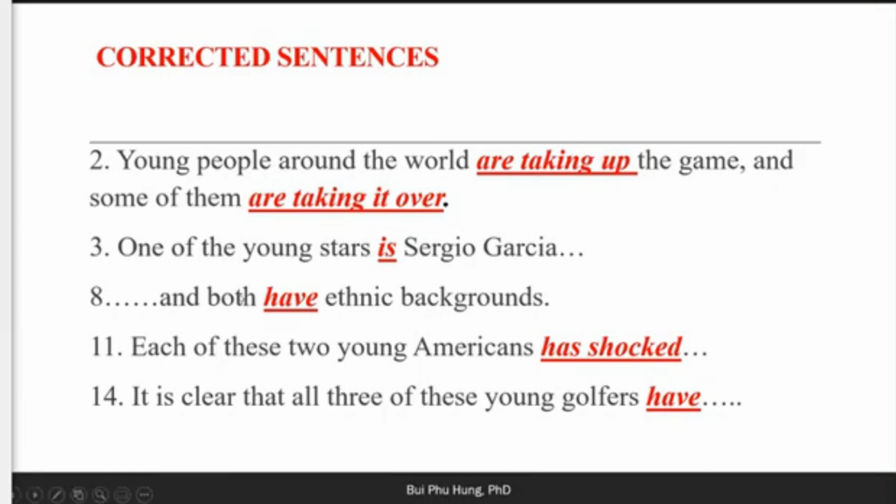So both here, plural. Both have ethnic backgrounds. Sentence 8.